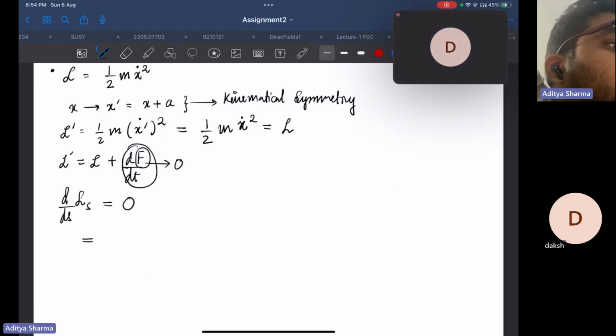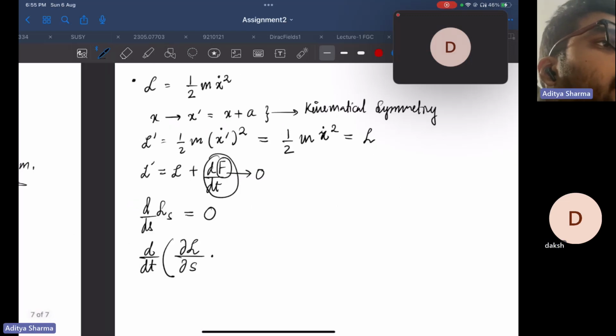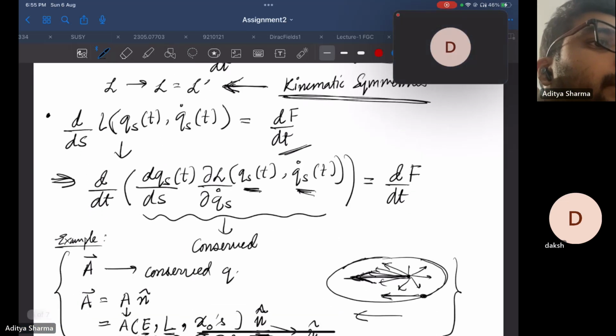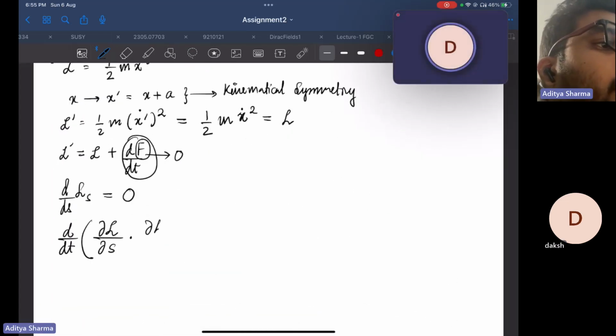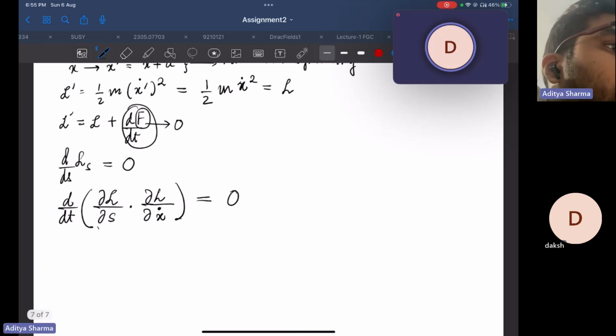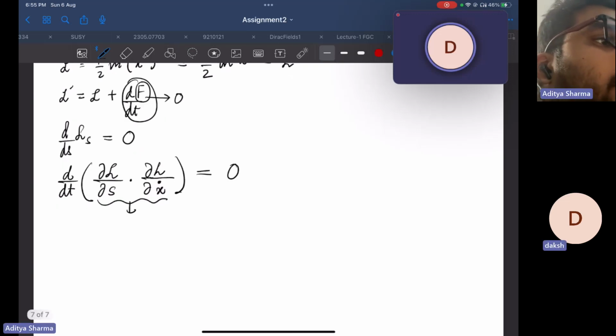This is 0 means, according to his derivation, d/dt of (dL/ds times dL/dx dot) is equal to 0. That means this is some constant.